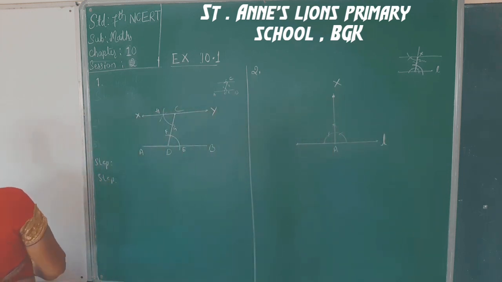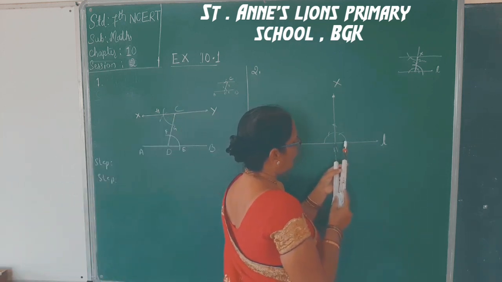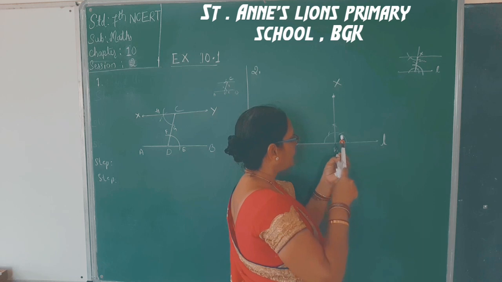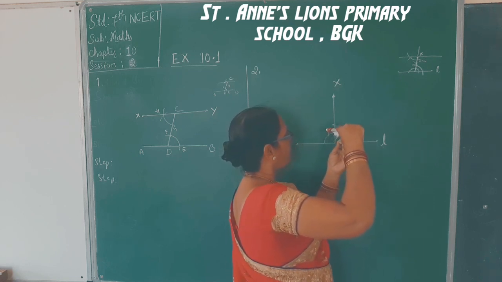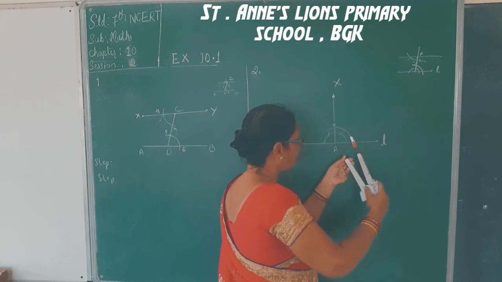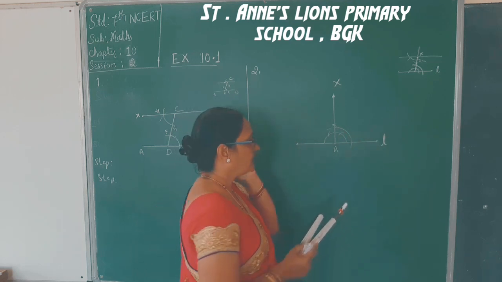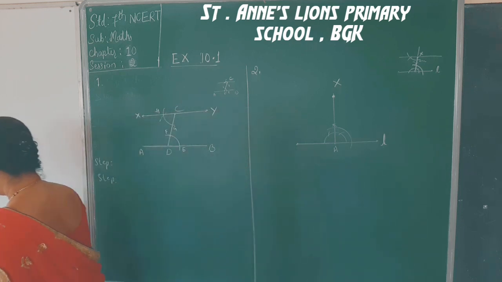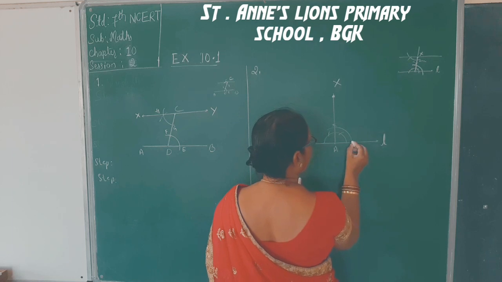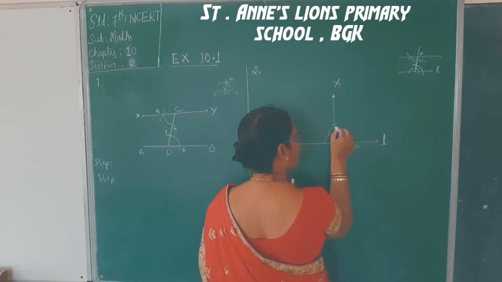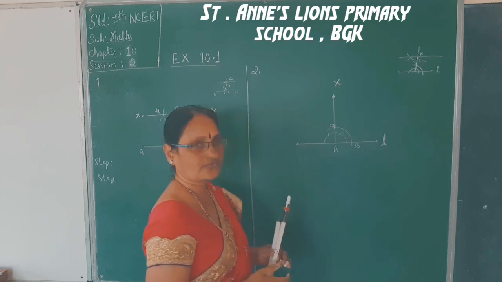Okay. What is the method to draw the parallel line? You know already. A as the center with convenient radius, draw an arc. I have drawn the arc. Now that arc is cutting the given line L at point B and at point C. I hope you are following.